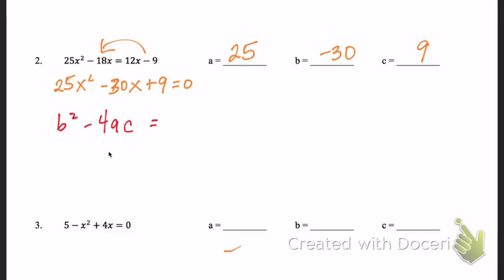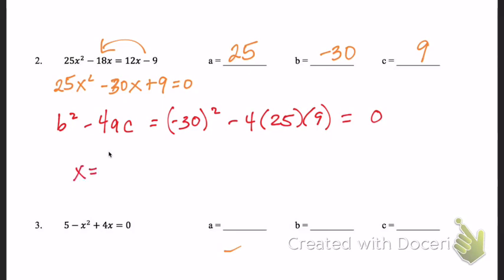I don't know what you end up getting for b squared minus 4ac. You get 0. That's awesome. I planned it. So you end up getting 0. Square root of 0 is just 0.